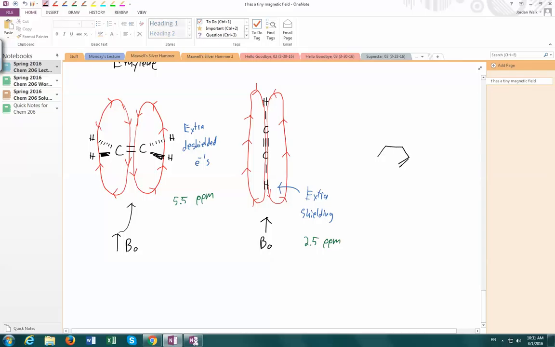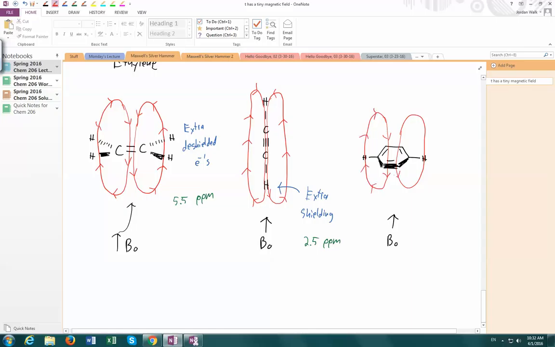We'll talk about benzene. Our benzene is going to line up and look kind of like this, and we're just going to draw two of our protons. Again, we'll have a B naught that goes this way. We'll see a magnetic field where the middle of the molecule opposes B naught, as it is wont to do.